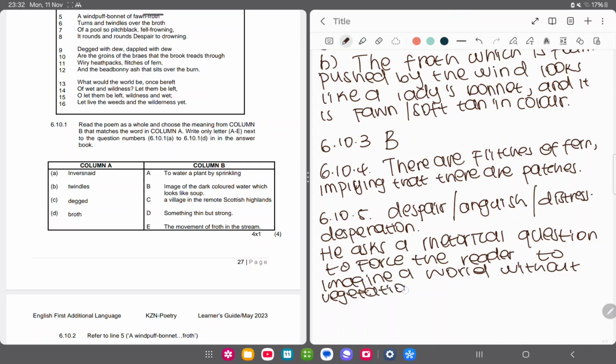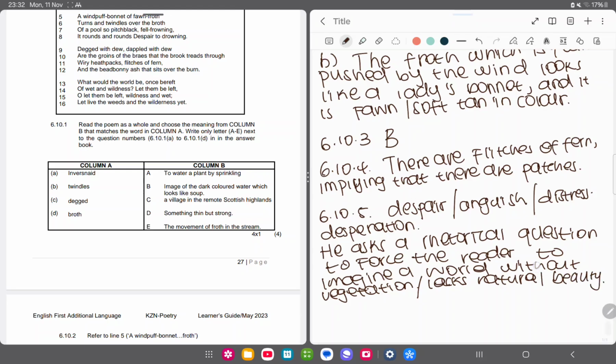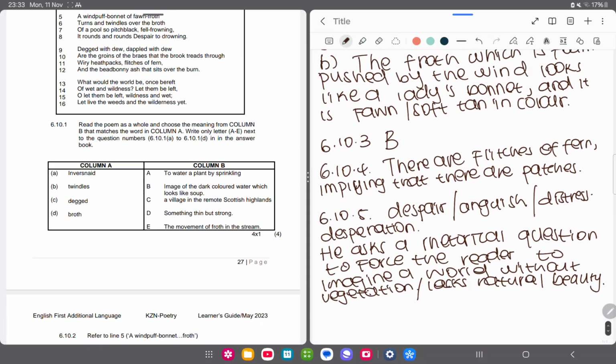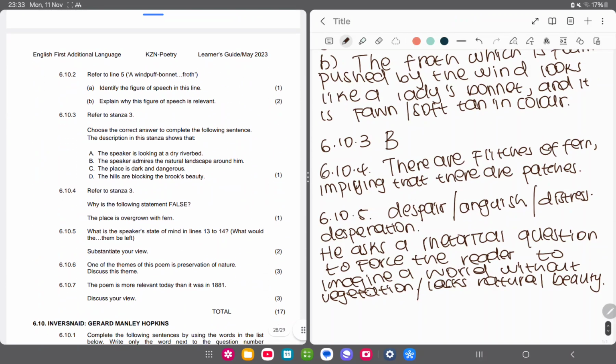So here it's vegetation. Now, or you can say that a world that lacks natural beauty. Right, and now let us go to 6.10.6.